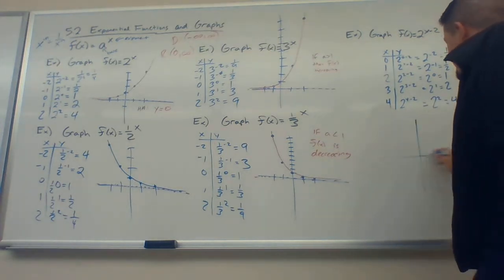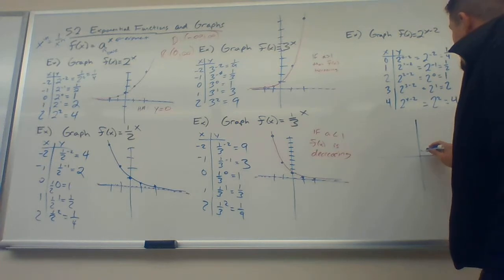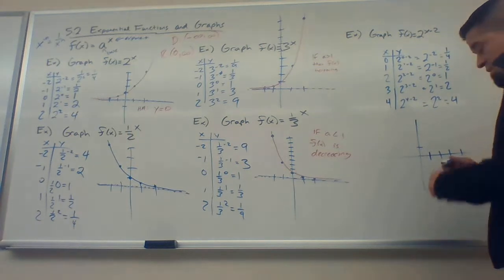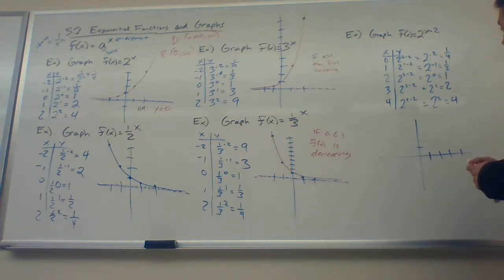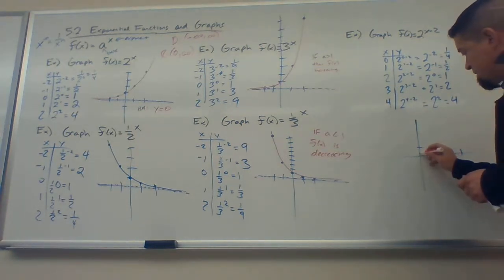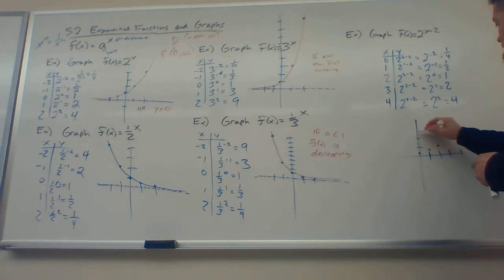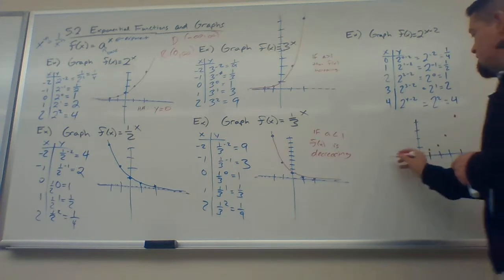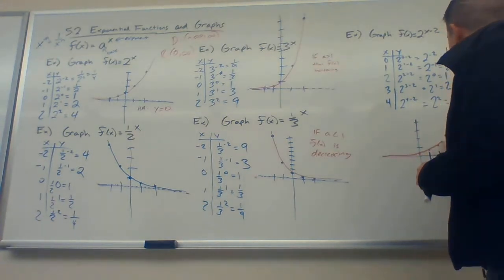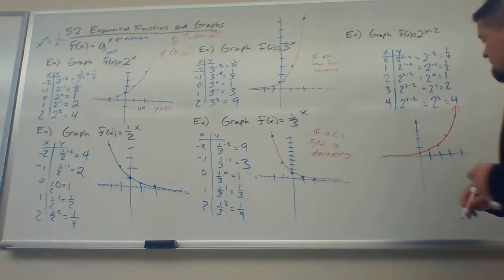So do that. Let's say 0. I'm going to put some lines over here. Okay, so 0, 1/4 is about here. 1, 1/2 is a little bit higher. 2, 1 is here. 3, 2 is here, and then 4, 4 is here. Okay, so there it is.